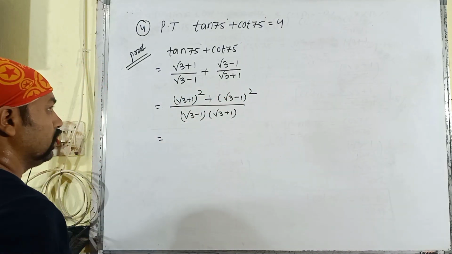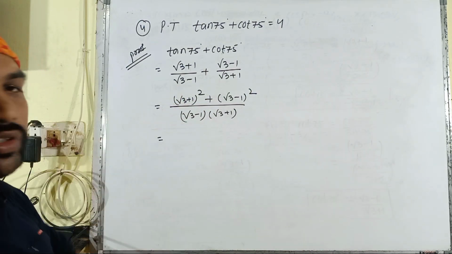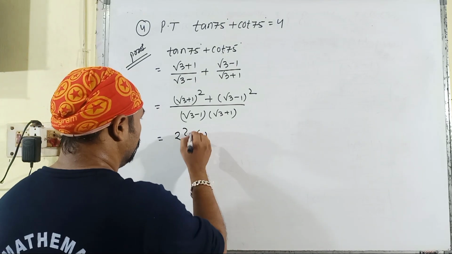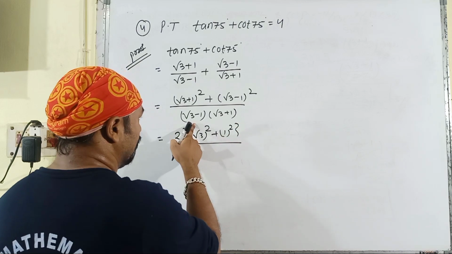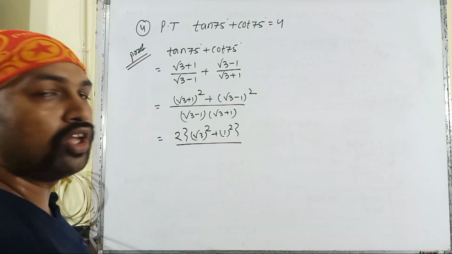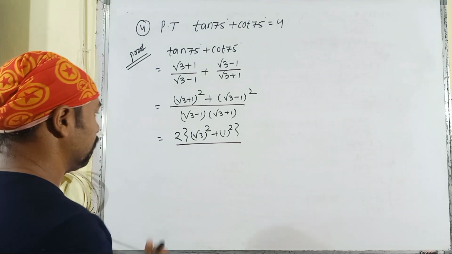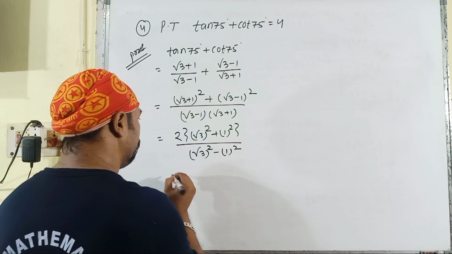And it will be in the form of the algebraic identity, whole square of a plus b plus whole square of a minus b, that means 2 multiplied with whole square of root 3 plus whole square of 1, divided by, and the denominator part is in the form of the algebraic identity a plus b into a minus b, that means a square minus b square. So it is whole square of root 3 minus whole square of 1.